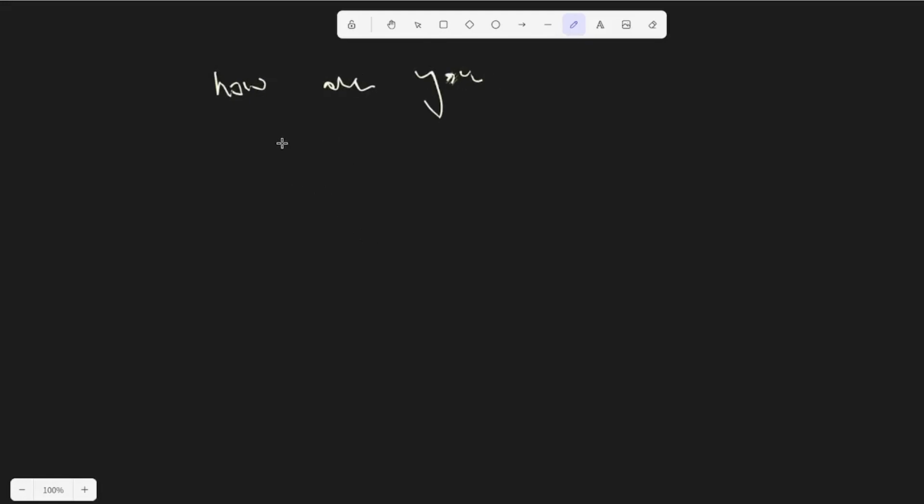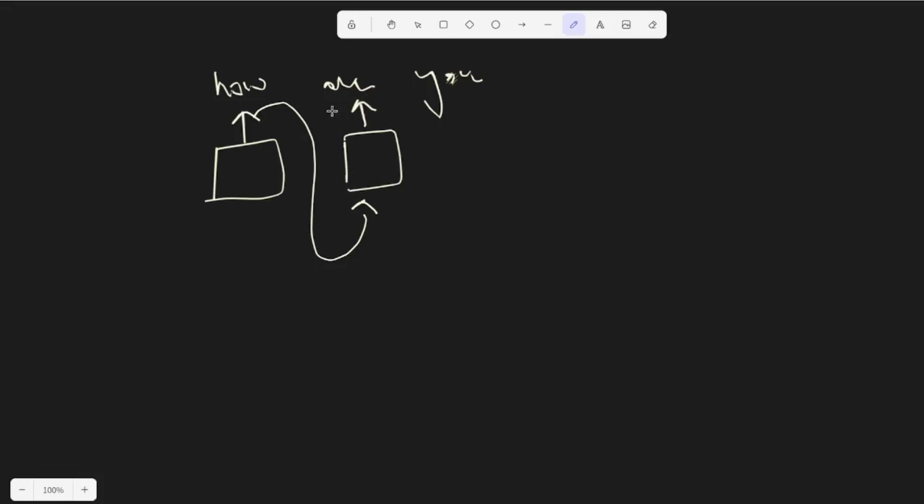For the decoder block, it first predicts the word "how", and then we give "how" as an input. It goes on to predict the word "are", and then we give the words "how are" as an input to the decoder, which will then prompt it to predict the word "you". And this is the way it predicts.